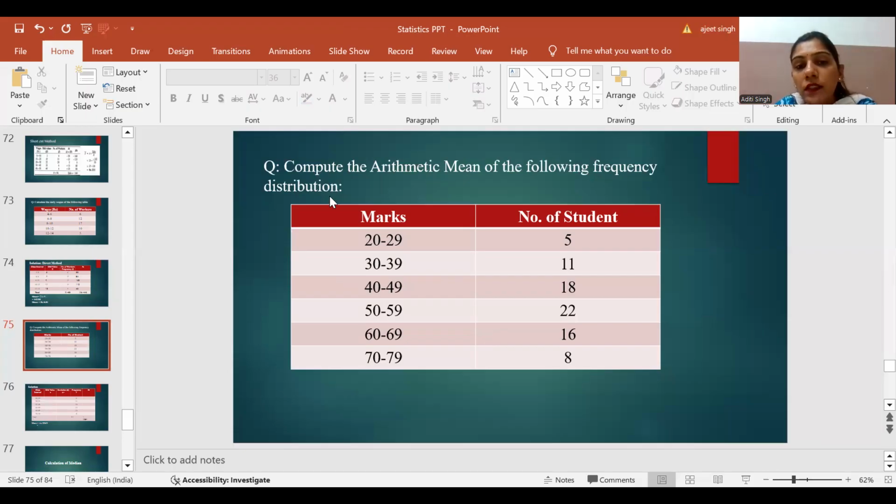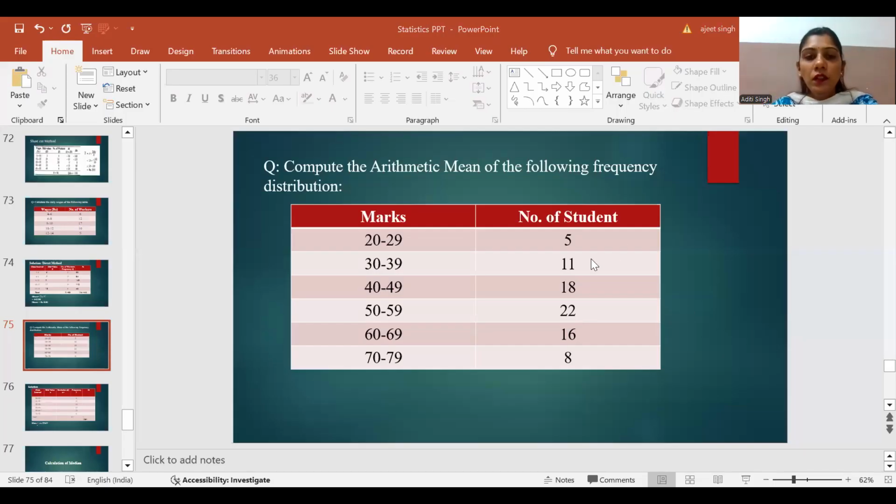Basically, in this class interval, the upper limit is not similar to the lower limit of the next class interval.